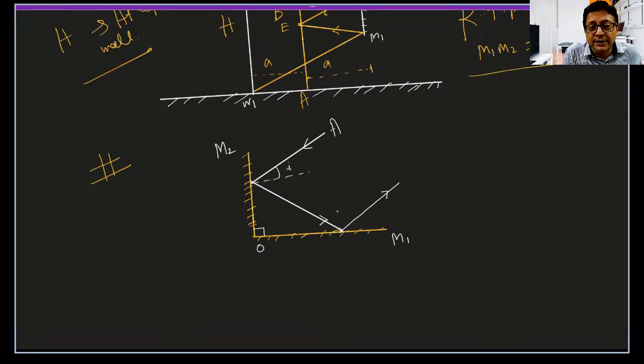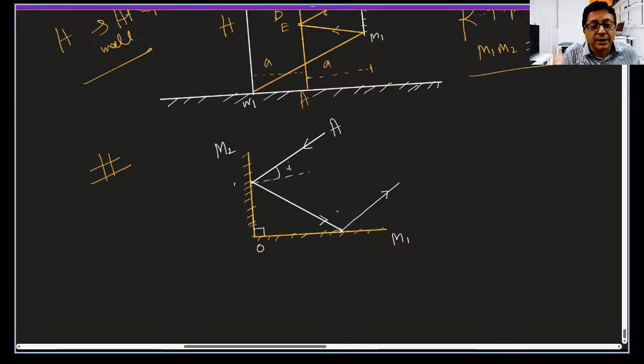This incident ray and final reflected ray, these two things are parallel. You have to prove it. It's easy to prove.